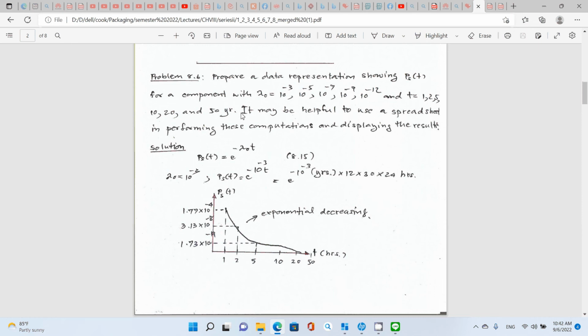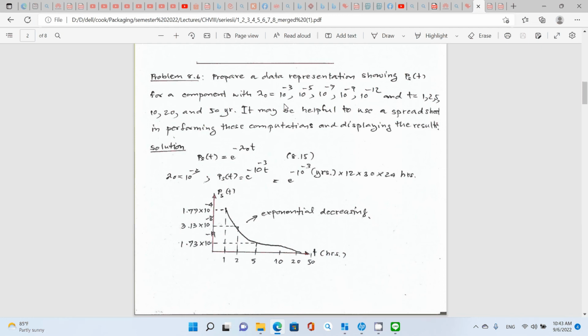So you want to plot the relation between P(t) and time. You set up the equation according to equation 8.15, with P(t) equal to exponential of negative lambda 0 t.